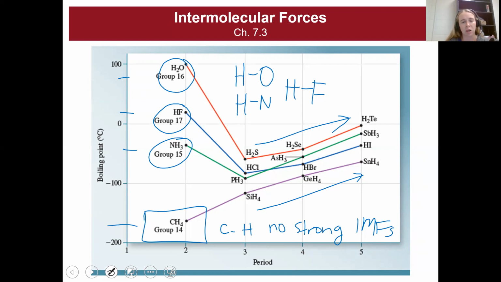They have lower boiling points too, until you get up to some really big ones out here that start to overtake ammonia. But just comparing the same period, the HO bond, HN bond, and HF bond have a significant impact on the boiling point compared to this guy down here.